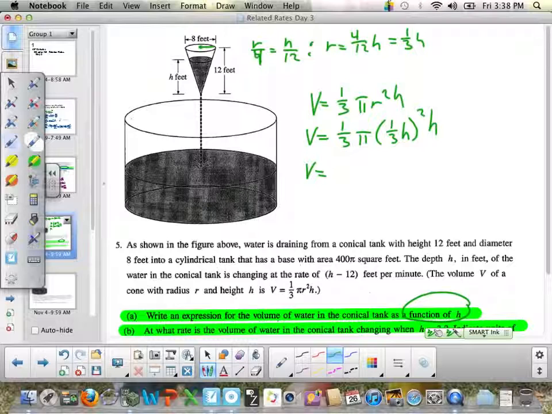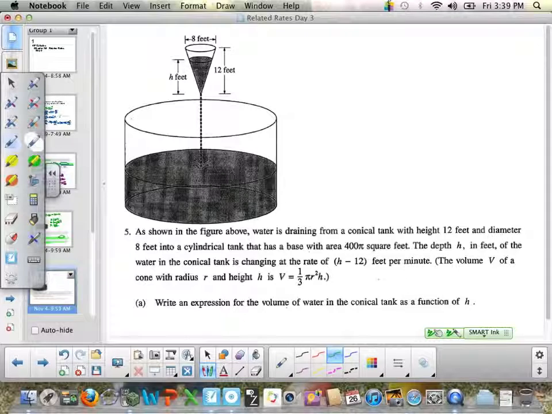Can clean that up a little bit. 1/3 times 1/3 squared is 1/27, so pi h cubed over 27. So that's the volume as a function of h. Volume equals pi h cubed over 27.